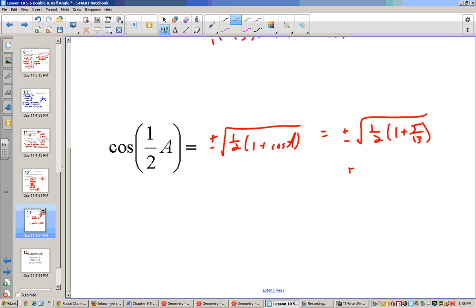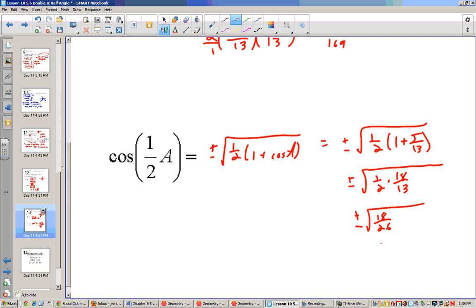And 5/13 plus 1, that's like 13/13 plus that. So that's going to be 18/13. So this would be 18/26 that we're dealing with. And we could reduce that by 2 to be, what, 9/13.